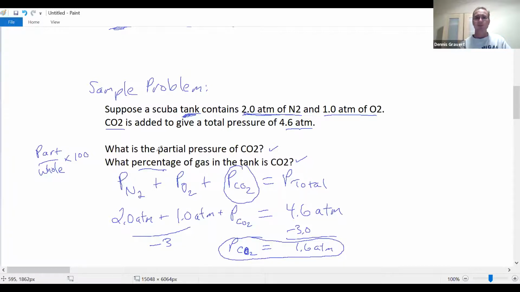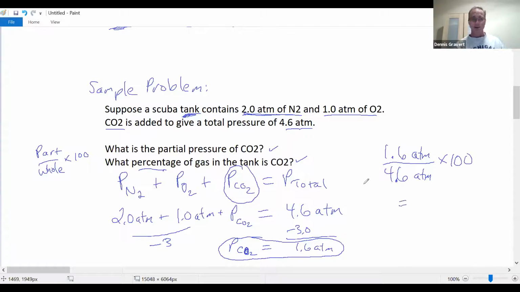So what's the part? Well, the partial pressure. That's the part that's carbon dioxide. That's 1.6 atmospheres. The whole, or the total, is 4.6 atmospheres. And then we want to change it to a percentage, so multiply by 100.